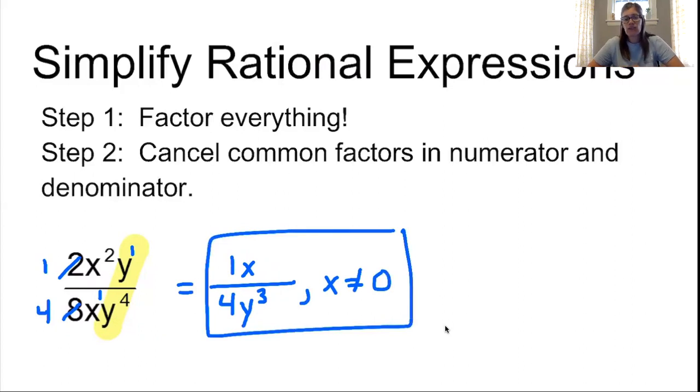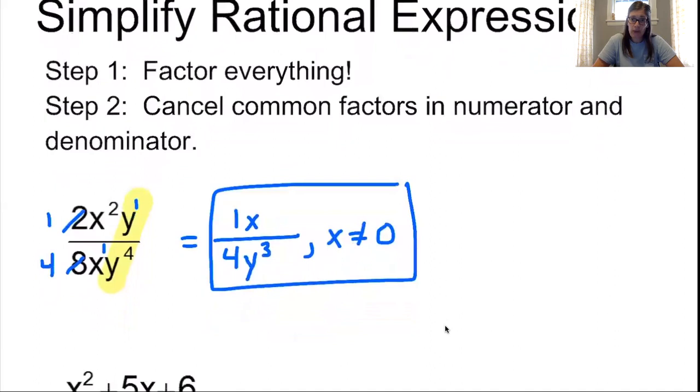So any factors that you may have canceled from the denominator that once restricted the domain need to be listed after the simplified form so that these two things are actually equal. Because if I made a table of values for the expression on the left and someone else made a table of values for the expression on the right, they would get an answer when x is 0 when there shouldn't be one. Okay, so you have to tell people x cannot equal 0.